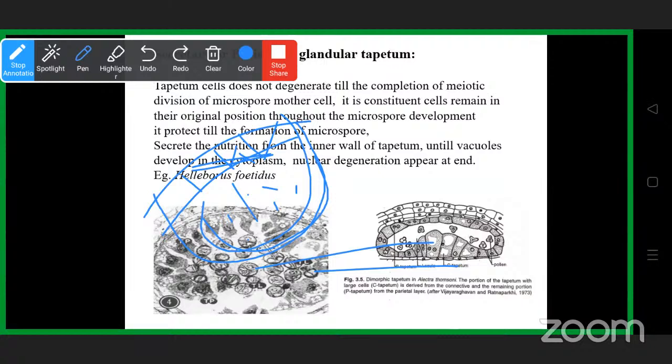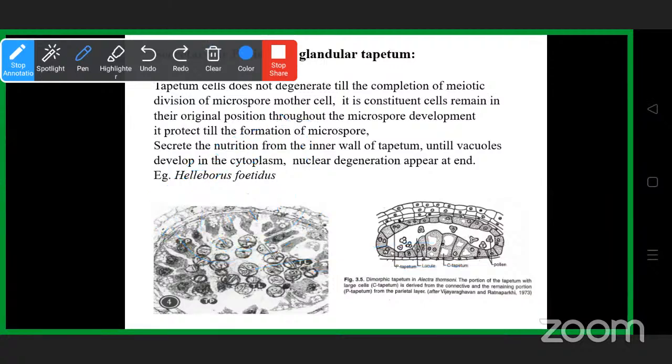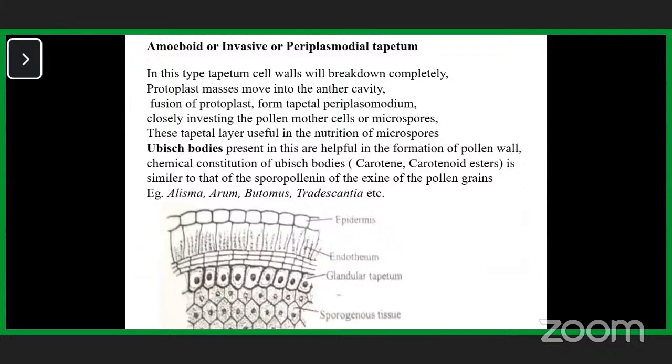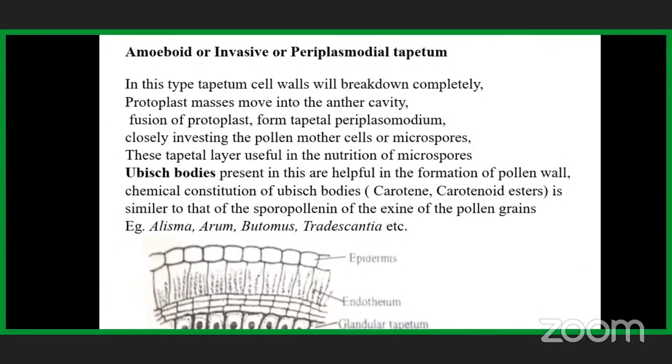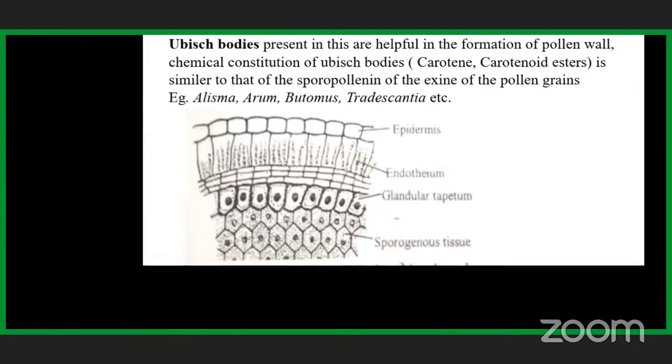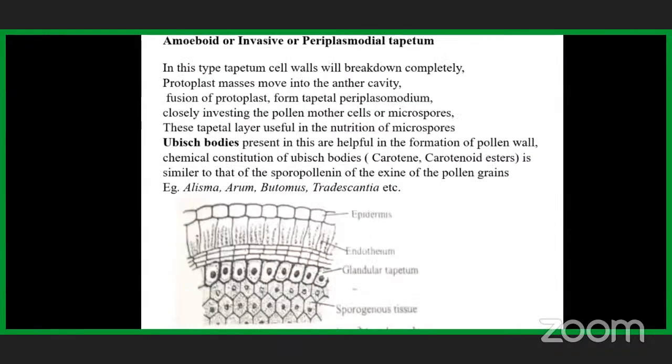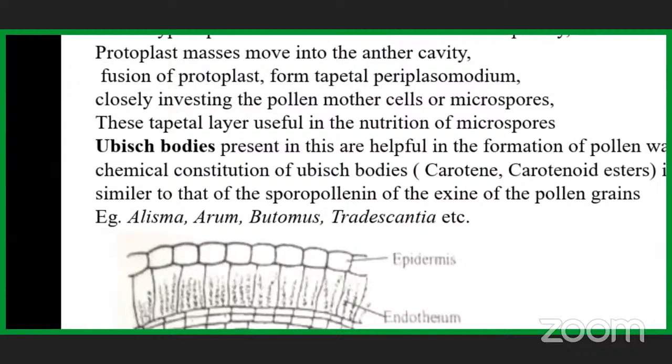Nutrition will be utilized by the microspores which are maturing. Okay, these are the two types. Ubisch bodies are present in the amoeboid tapetum, which give the extra support.